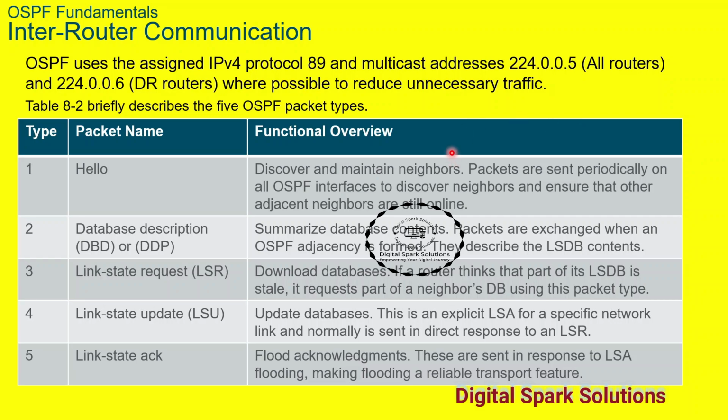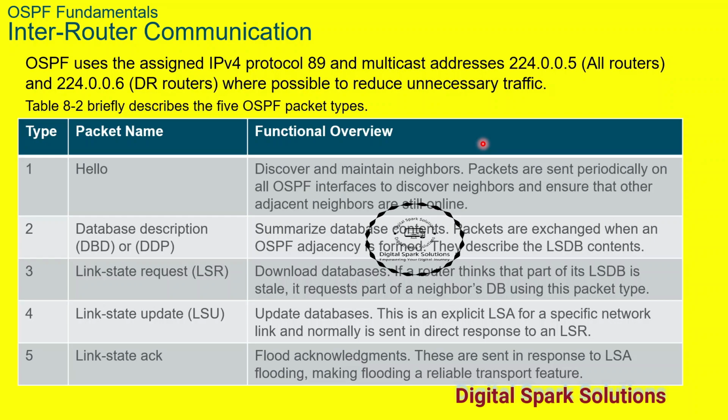Okay, we have these types of packets in OSPF, and this is their functional overview. We have hello packet, database description, link state request, link state update, and link state acknowledgement. So what is a hello packet?